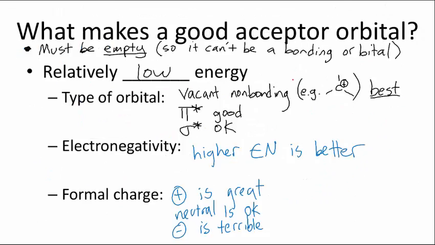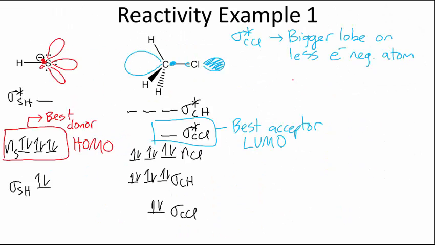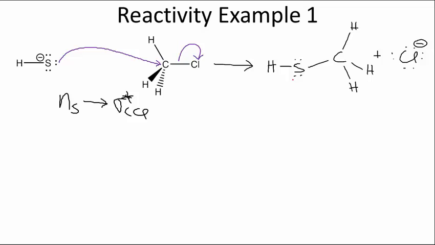So going back to the example we did, we were donating from the sulfur lone pair to sigma star CCl. We formed a new bond between the sulfur and the carbon.